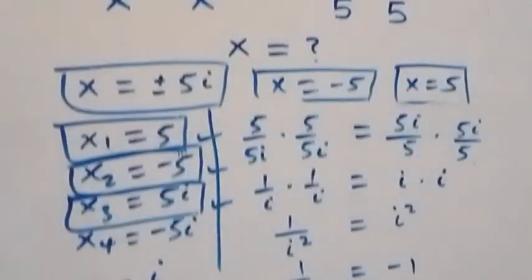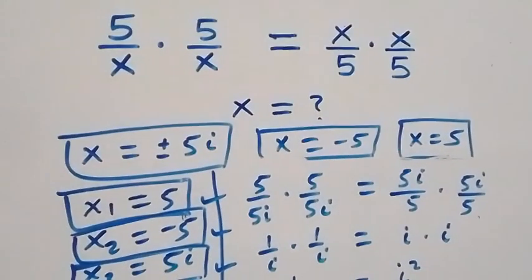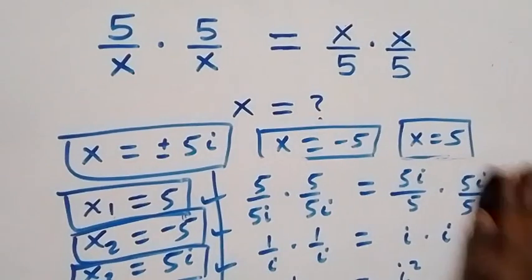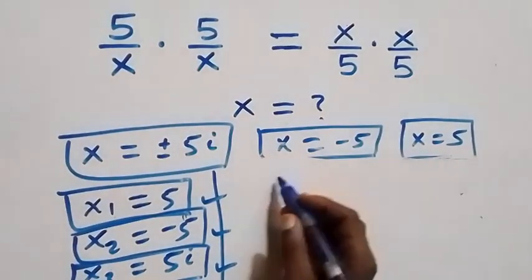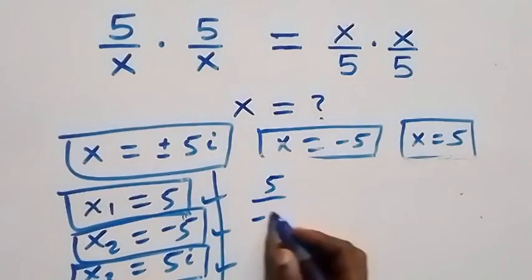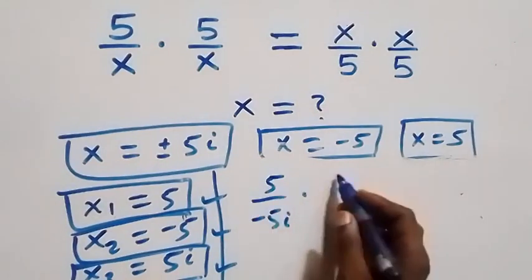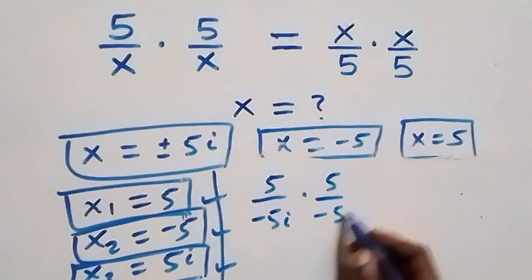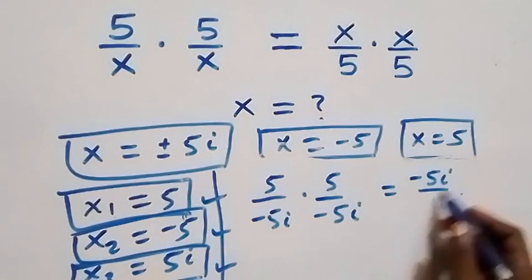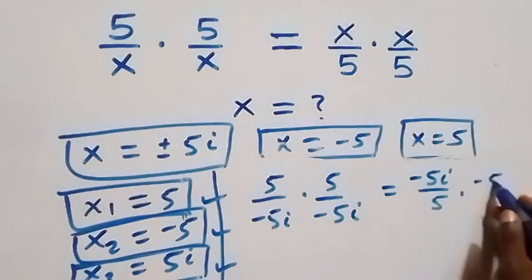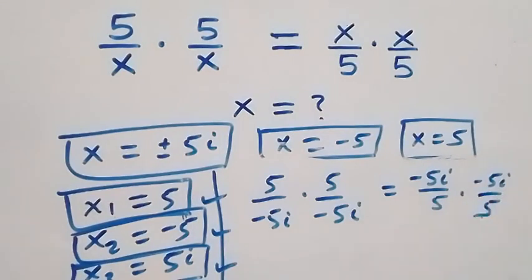Now, for minus 5i, same thing, we substitute. Then we have 5 over minus 5i times 5 over minus 5i is equal to minus 5i over 5 times minus 5i over 5.